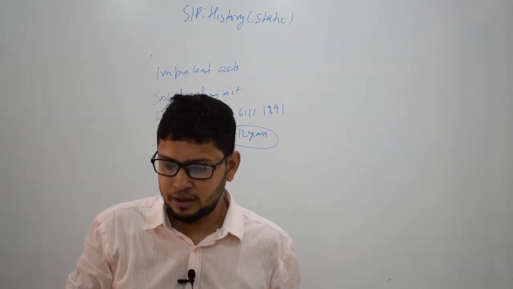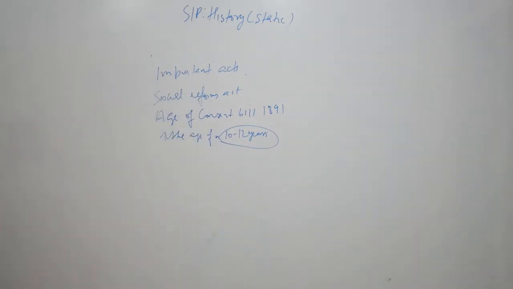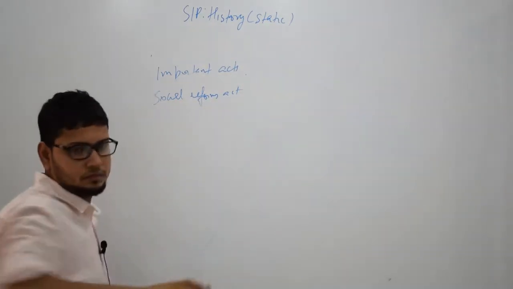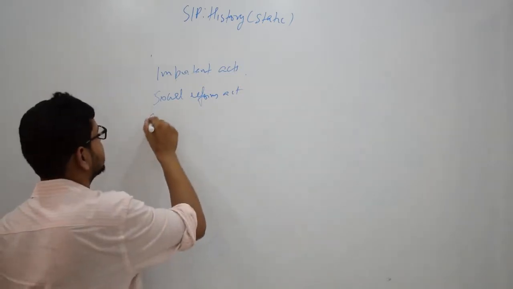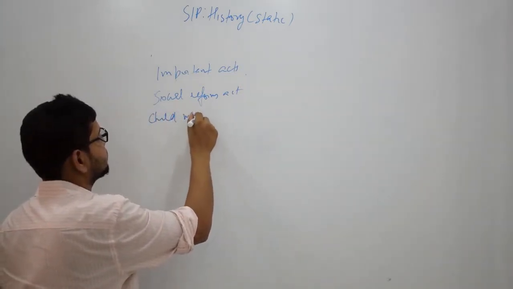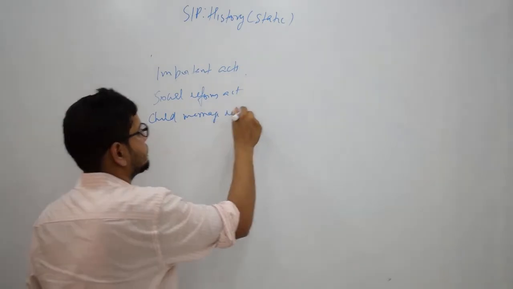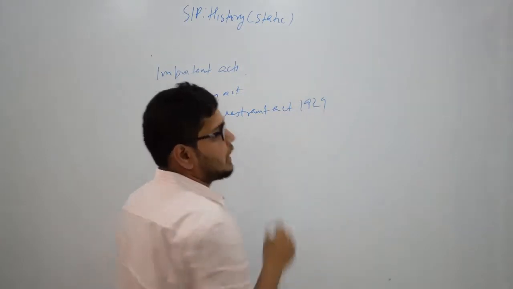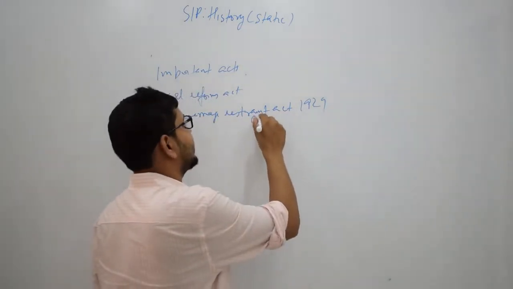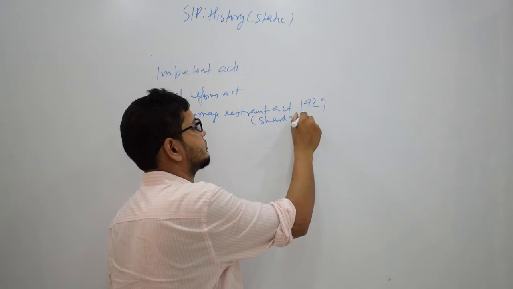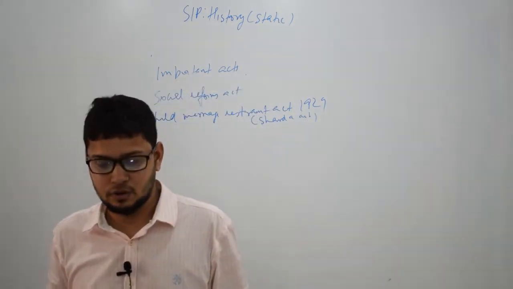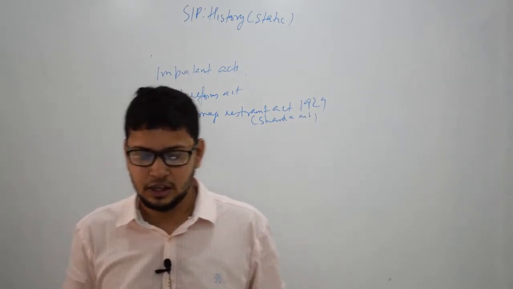Next we have is the Child Marriage Restraint Act. The Child Marriage Restraint Act is also known as the Sharda Act, because it was passed because of the efforts of Harbilas Sarda.